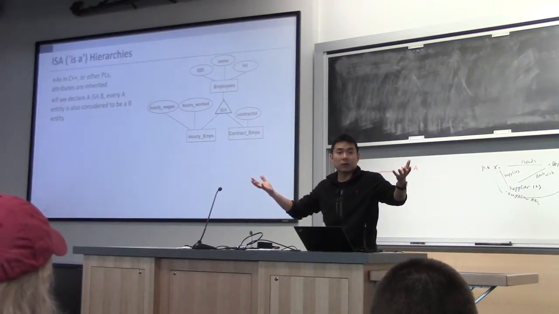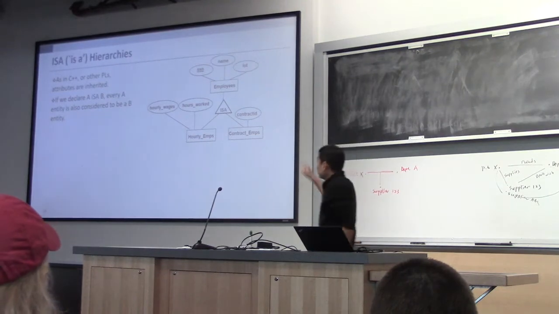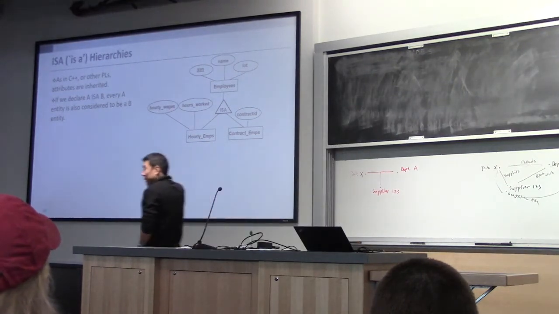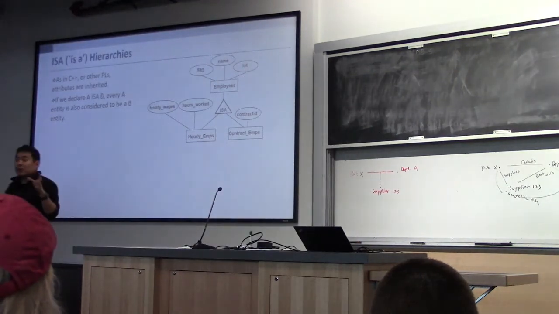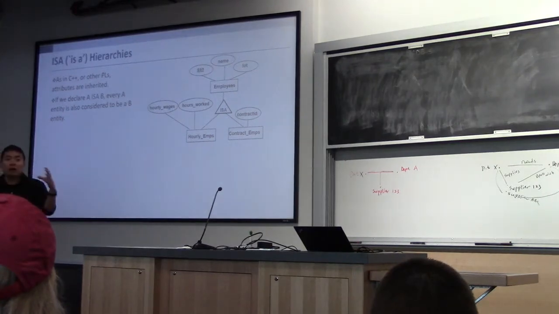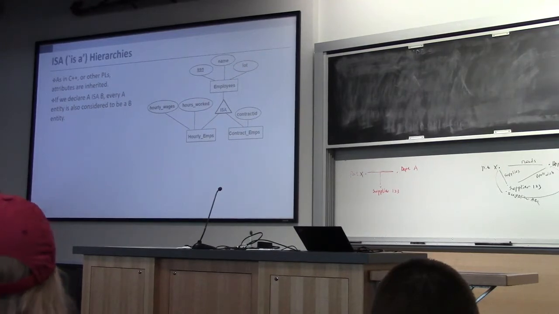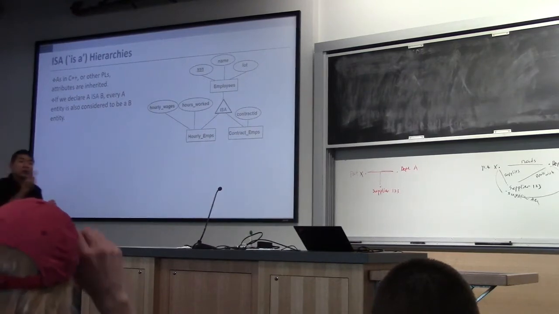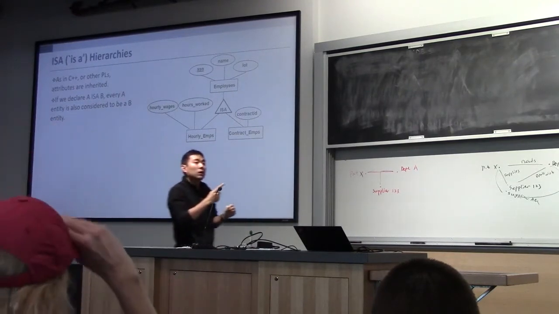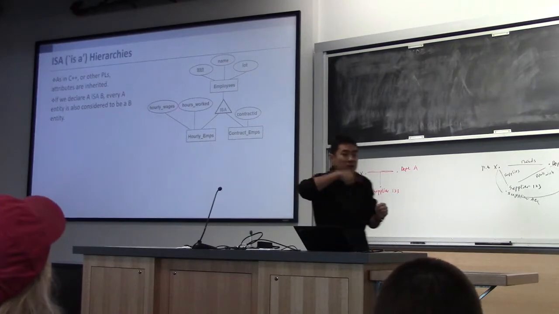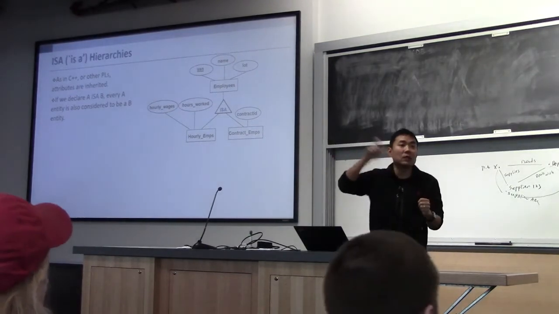You follow me? One more thing I'd like to highlight, which is not shown in this slide, is that these are just typical, even though they are organized into a hierarchical structure, they are still just normal entity sets, all three of them. So meaning that you can still introduce normal relationships between those entities.